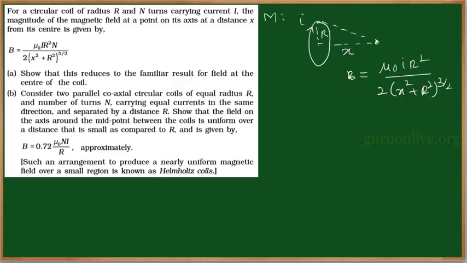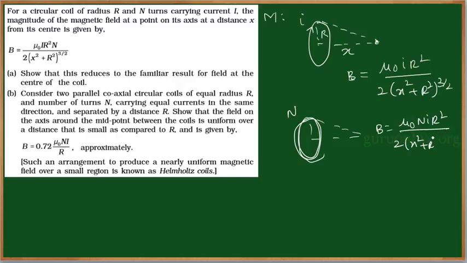So this is the general formula for that. If the coil contains n turns, then the field value will become B is equal to mu naught Ni into r square divided by 2 into x square plus r square whole to the power of 3 by 2. This is the expression given in the problem.